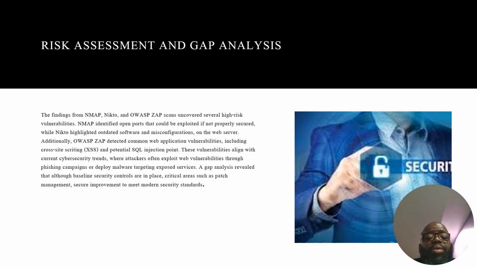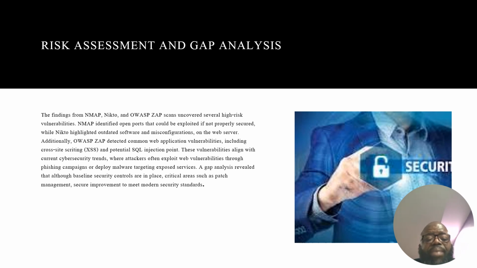Let me continue on risk assessment and the gap analysis. The findings from Nmap, Nikto, and OWASP scans uncovered several high-risk vulnerabilities. Nmap identified open ports that could be exploited if not properly secured, while Nikto highlighted outdated software and misconfiguration on the web server.